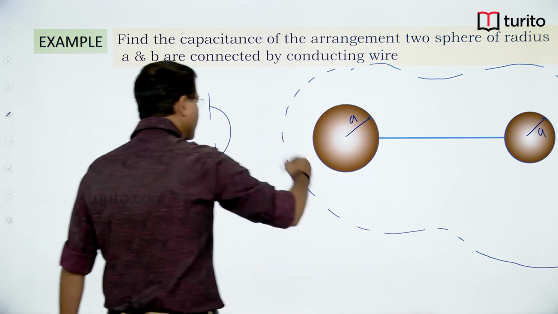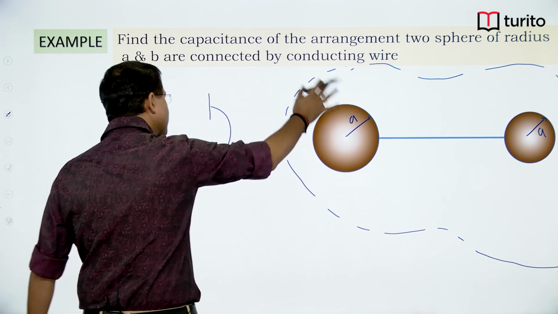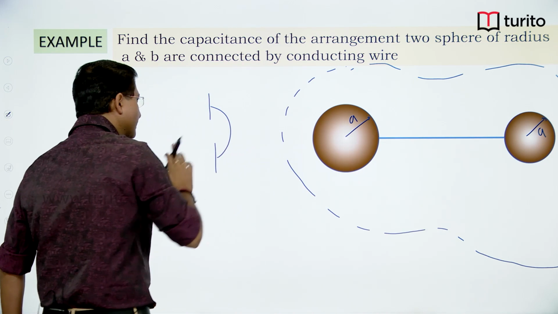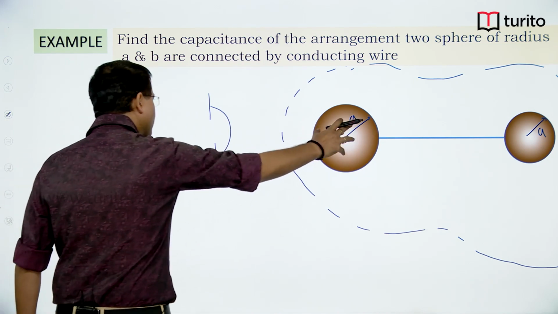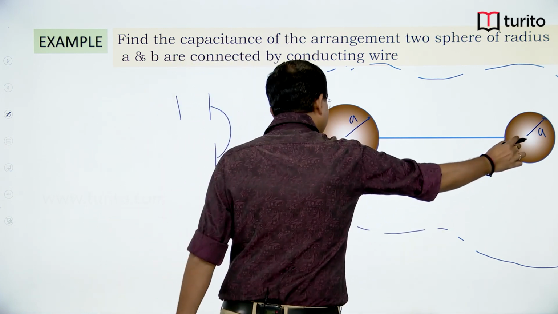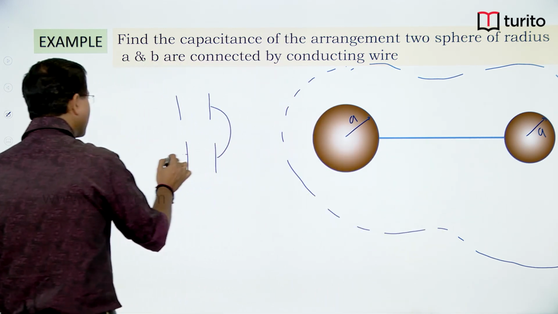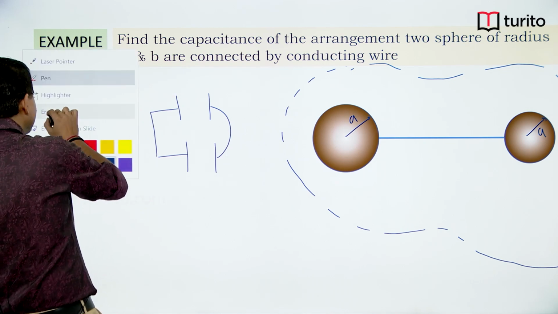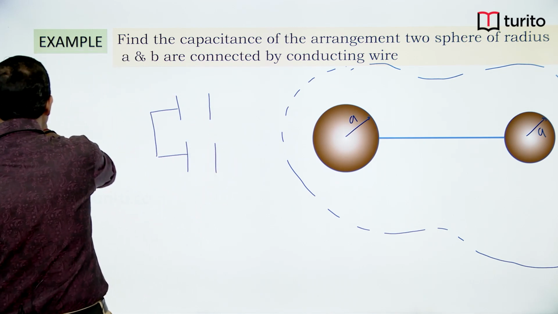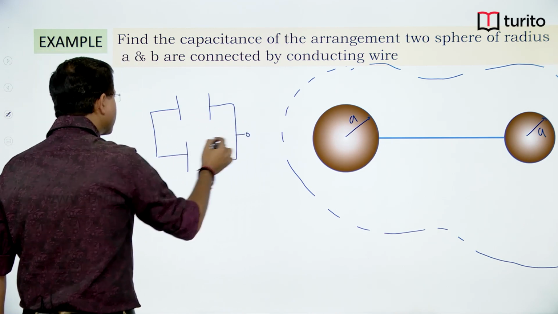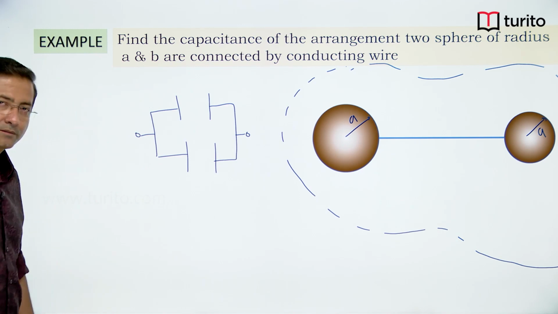This infinity one I am drawing for both the capacitors. For this capacitor, this plate, for this capacitor, this plate I am drawing here. Now, look at this one here, this and this, these two are connected, right. So, it is a parallel combination.